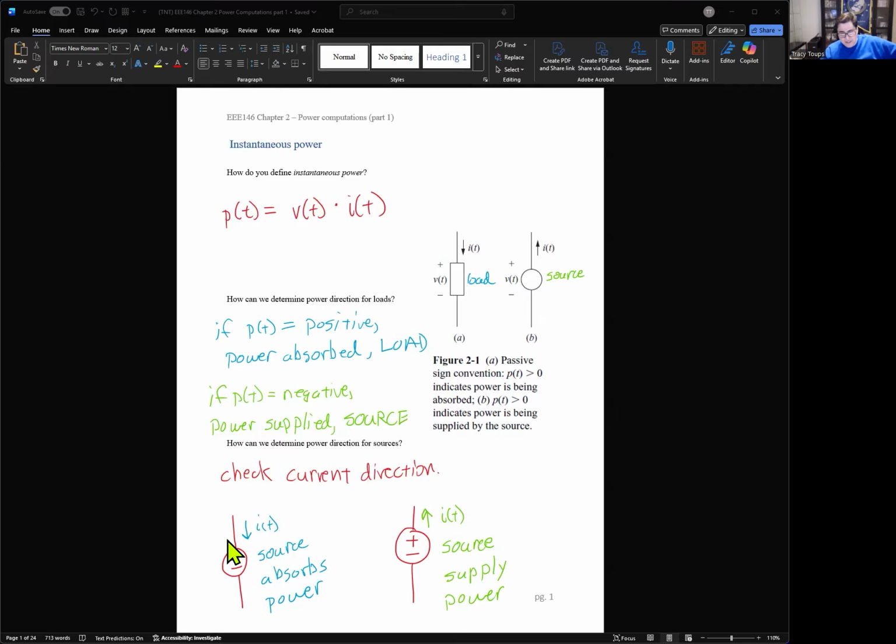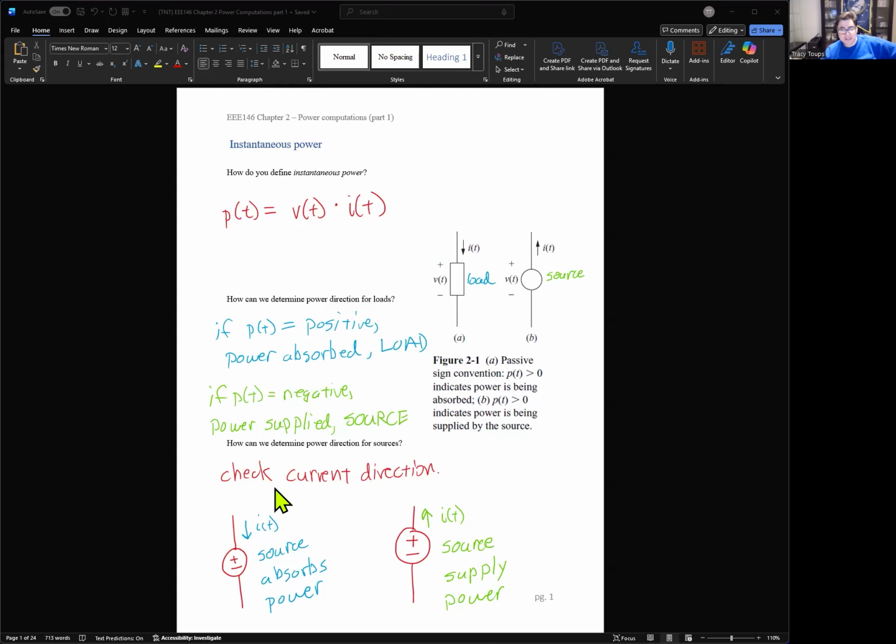But the easiest way to look at it is look at a source. If the current is flowing into the positive terminal, it's absorbing power. So this could be a battery getting charged. If the current is flowing out of the positive terminal of the voltage source, then it is a supply. So a battery again could be a power supply if it's discharging into the circuit.